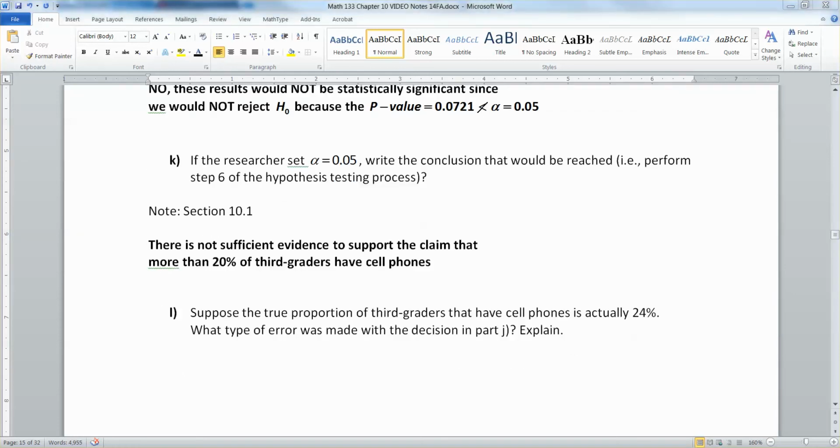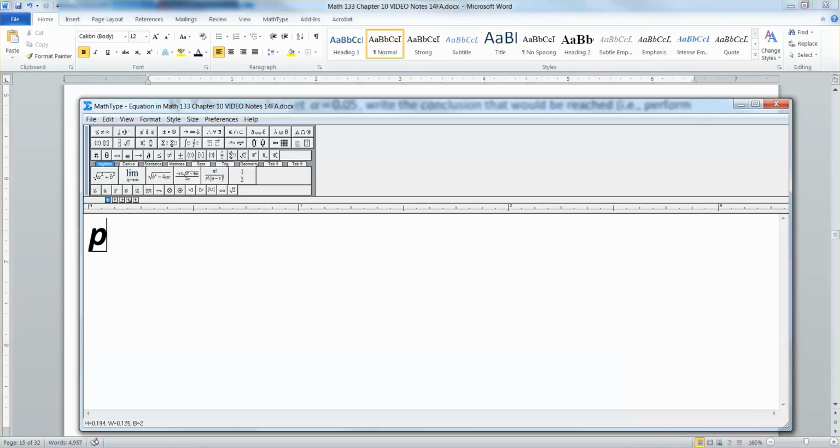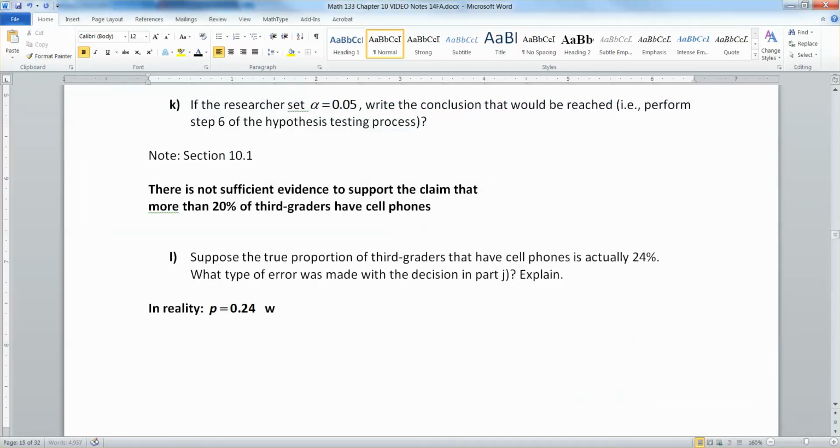All right, now suppose that the true proportion of third graders that have cell phones is actually 24%. So we're somehow able to know that in reality, so note in reality, p equals 0.24, which is greater than 0.20.